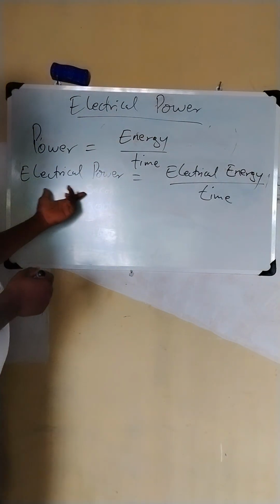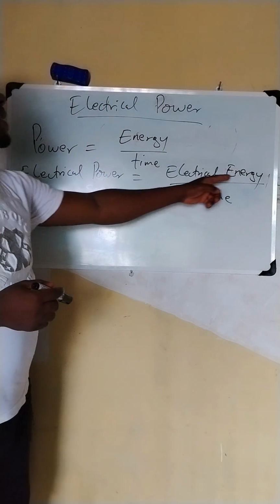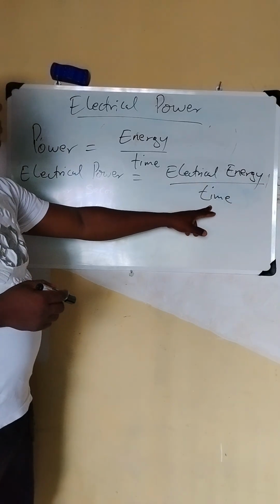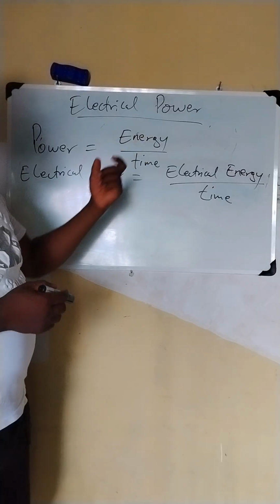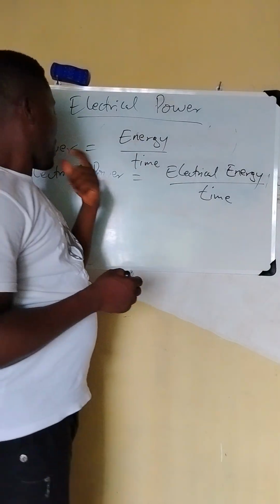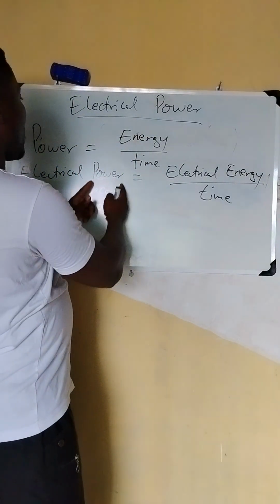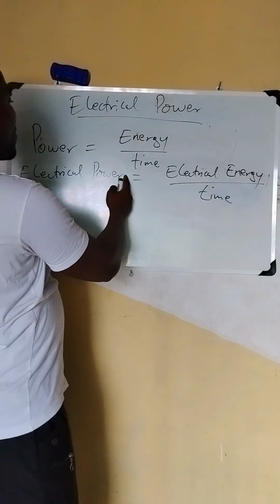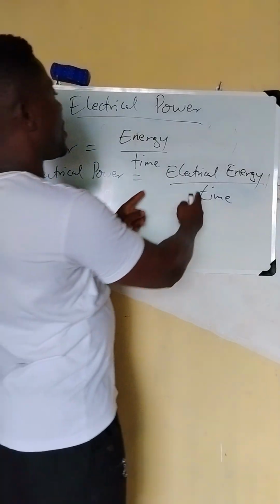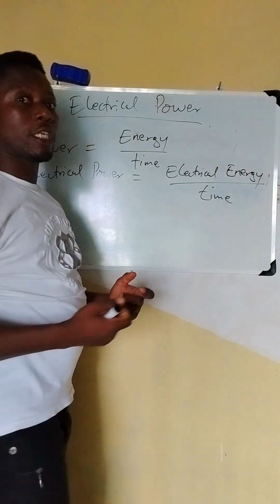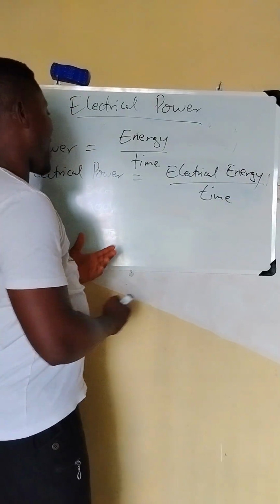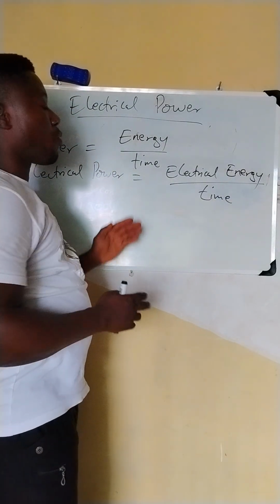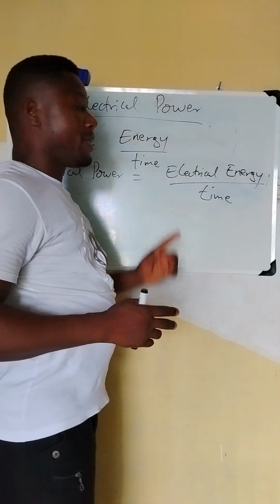Look at it. Electrical power is equal to electrical energy all over time. Now, earlier I said that 1 watt is equal to 1 joule per second. Now when you have power here, power is measured in watts, and it is equal to electrical energy, measured in joules, all over time, which is measured in seconds. That is why I said that 1 watt is equal to 1 joule per second.